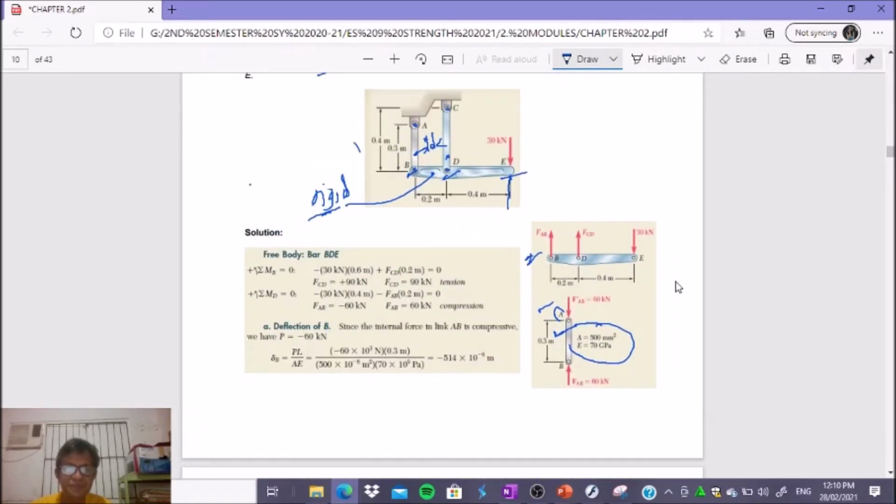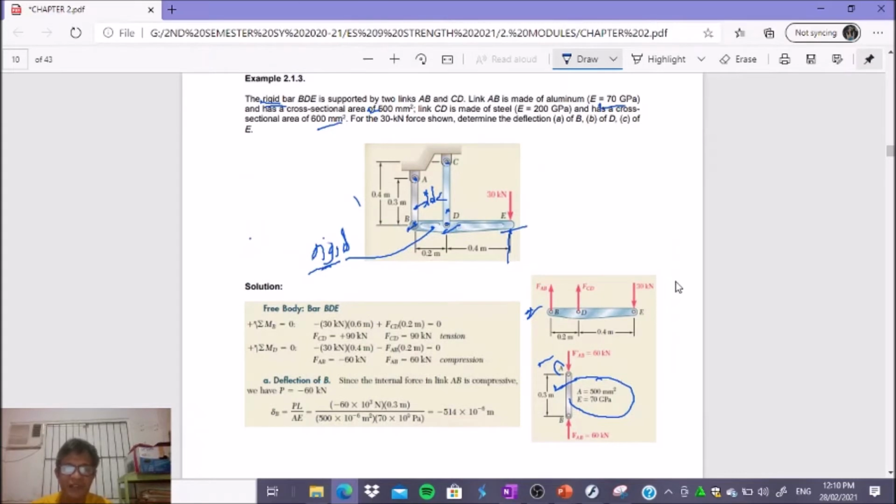Now, ang unang titignan niya dito, ganito. Itong point na ito, kung saan ito pupunta, at saka ito. Di ba ito compress. So ito, aangat doon. Then ito, bababa. Ibig sabihin, yung magiging deformation niya, magiging ito na.